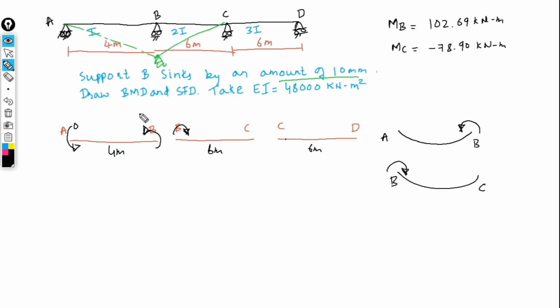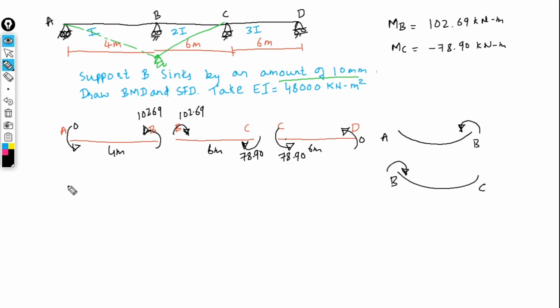So this value is 102.69. MC is negative. It is hogging bending moment. It will take the beam upward. Here also it will take the beam upward. So here it is clockwise and here it is anti-clockwise. 78.90. MD is 0. You can take whatever sign you want.